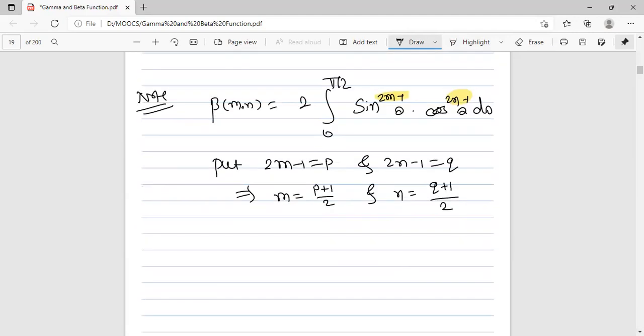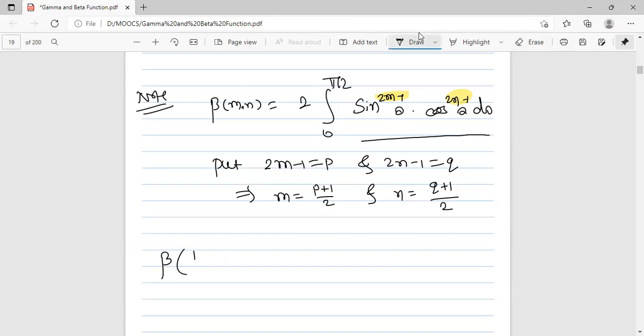Therefore, the above result becomes, I will write this result. First, integration 0 to pi by 2 sine raised to power p theta cos raised to power q theta, then this is beta mn.